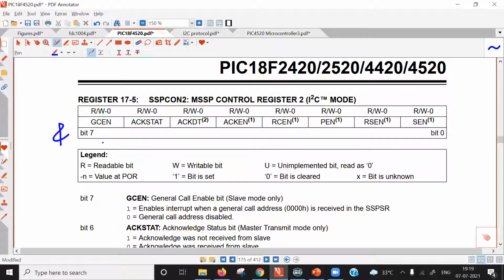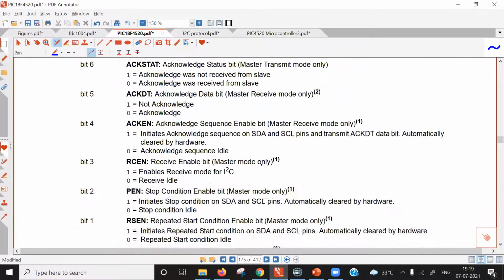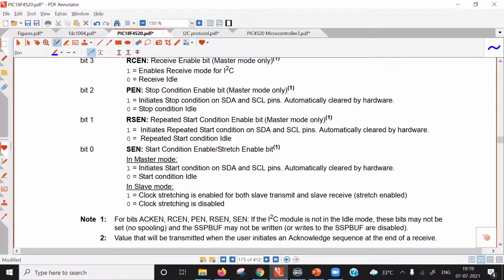In hexadecimal, 0 means the first 4 bits are binary 0, and C means 1100. That is the meaning. Let me discuss each bit and then we'll discuss why I have taken the masking variable as 0x0C. Last bit is SEN.